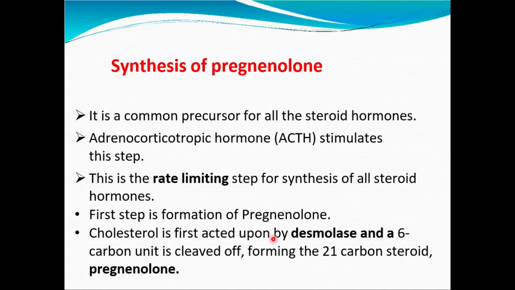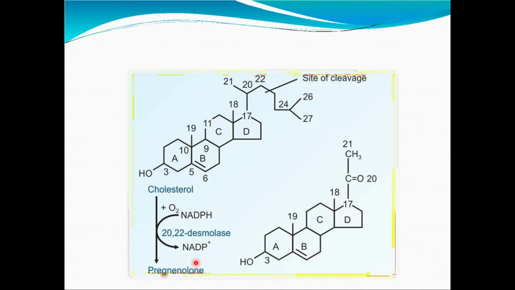This 6 carbon unit is cleaved between carbon number 22 and 23. In this slide, we can observe that an enzyme named 20,22 desmolase starts this cleavage between carbon number 22 and carbon number 23.